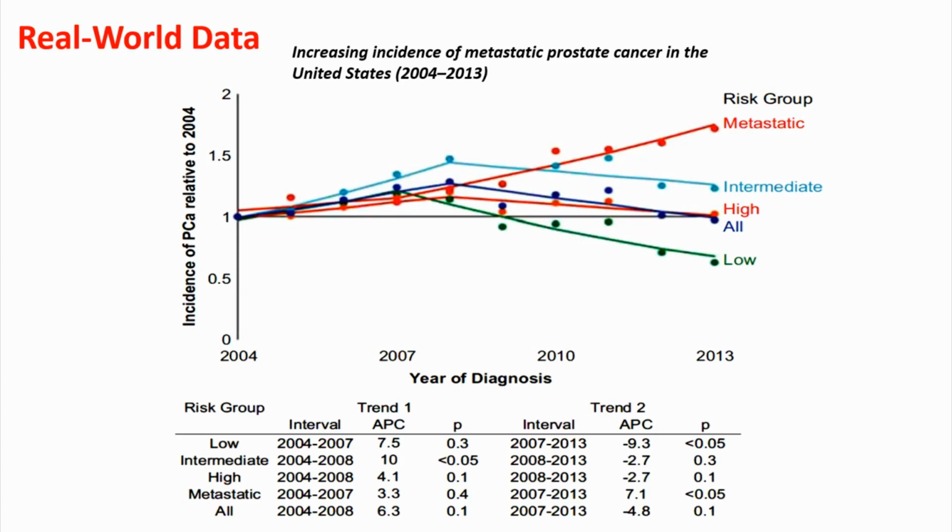Moreover, real world data shows that since the non-recommendation of PSA screening by health authorities in the US, Europe, or in France, for example, there has been an increase of diagnosis of metastatic disease, and obviously less early disease, which could be easily treated.